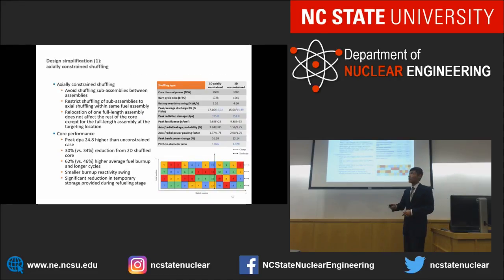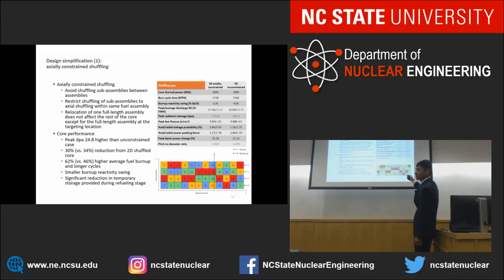When you axially constrain the shuffling, all the assemblies, you see all these numbers are aligned because they are at the same location but different axial elevation. By doing this, I'm not losing too much. This is my constrained shuffling, and this is my free shuffling 3D.